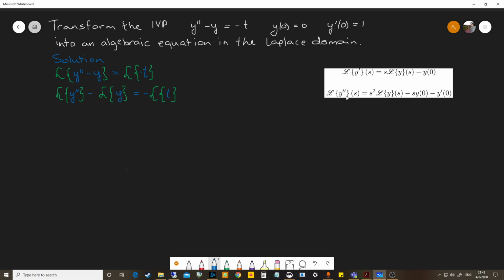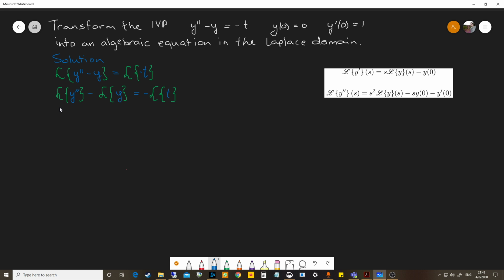What we're going to use here is this identity: the Laplace transform of y double prime is s squared times the Laplace transform of y minus s times y of 0 minus y prime of 0.